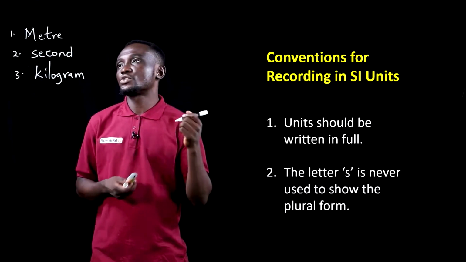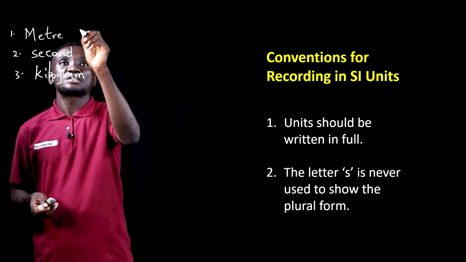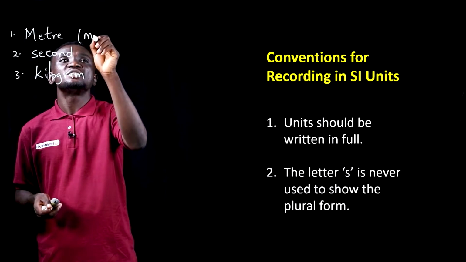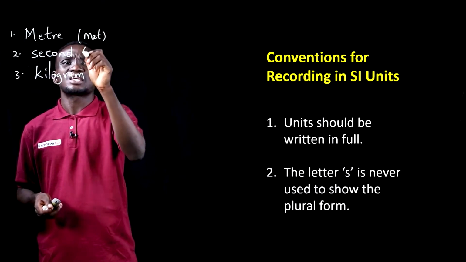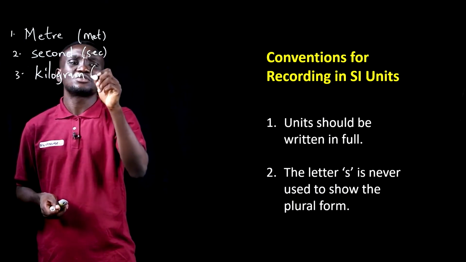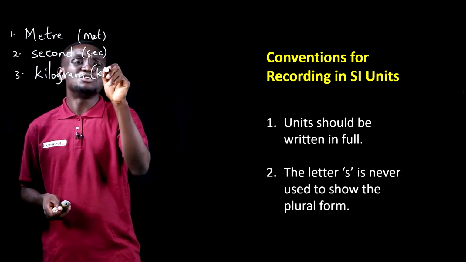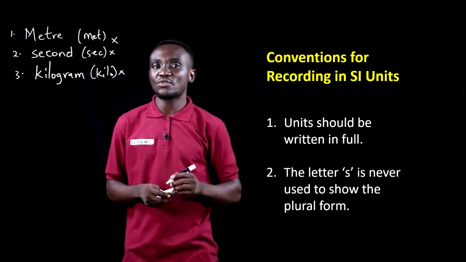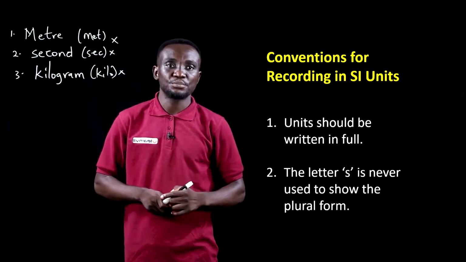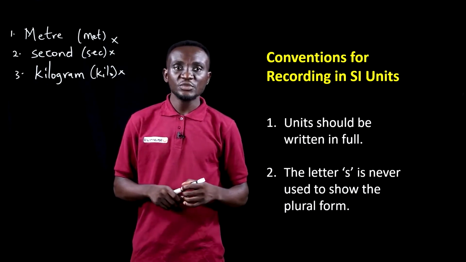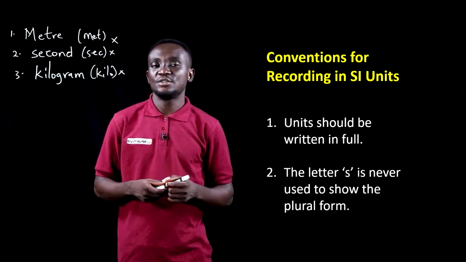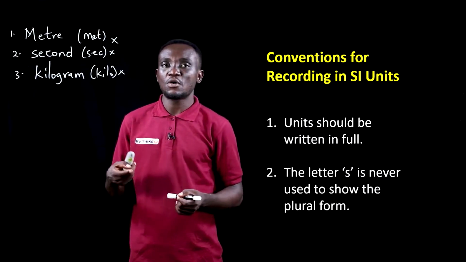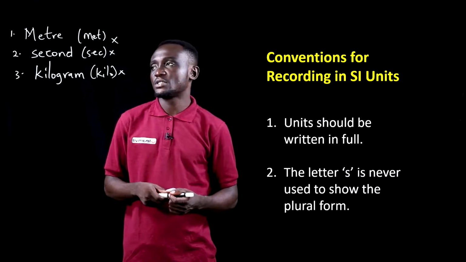Under no circumstance should the meter be shortened as, say, MET, or second as SES, or kilogram as kilo. All these ones are wrong. They are not the accepted form. Also, the letter S is never used to show the plural form of the units.